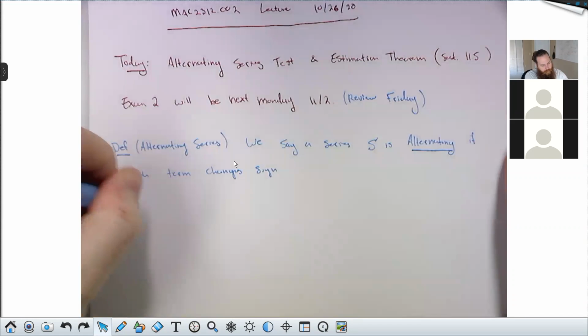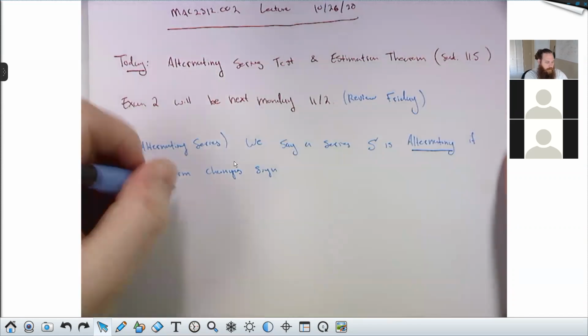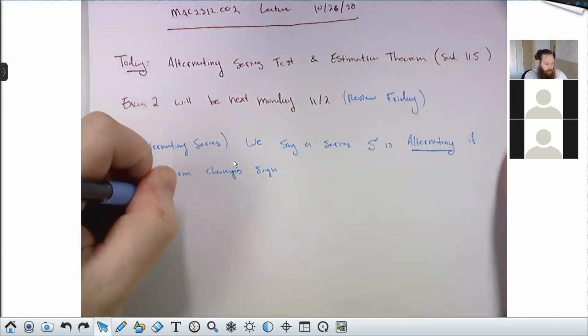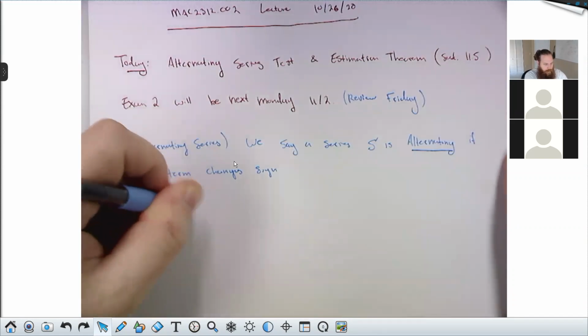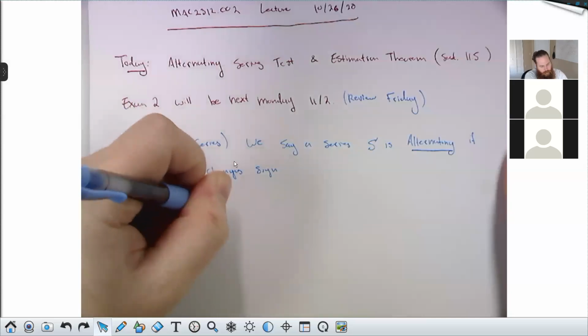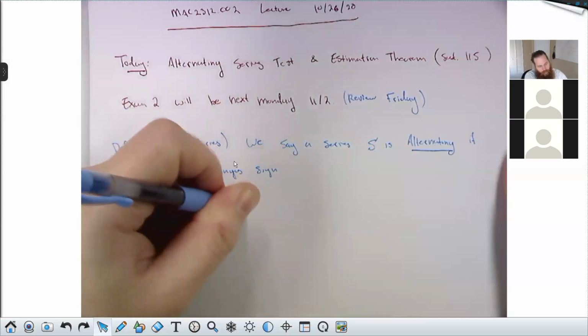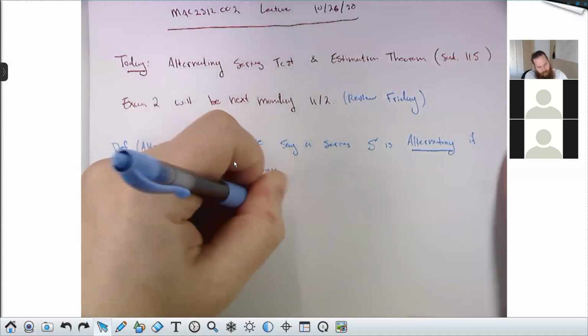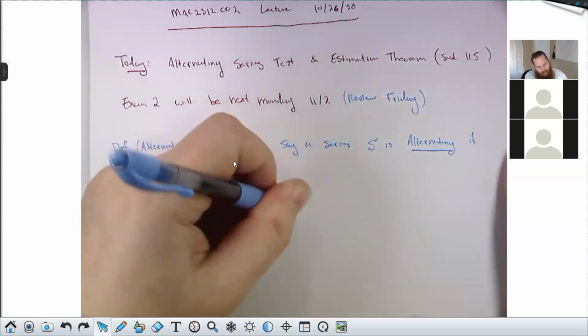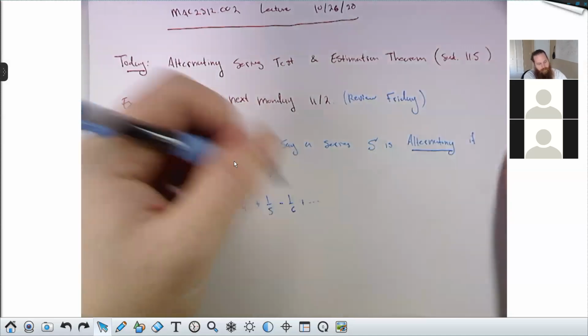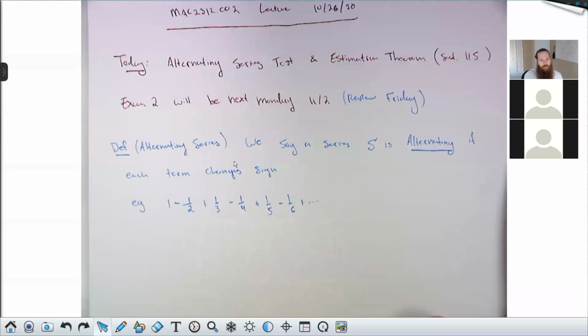For example, 1 minus 1/2 plus 1/3 minus 1/4 plus 1/5 minus 1/6, and so on. That would be an alternating series.